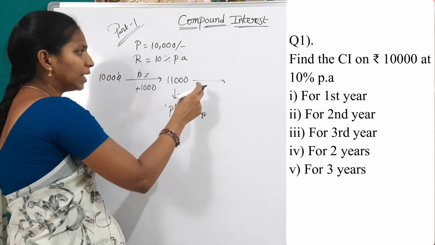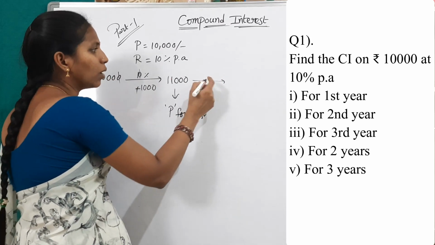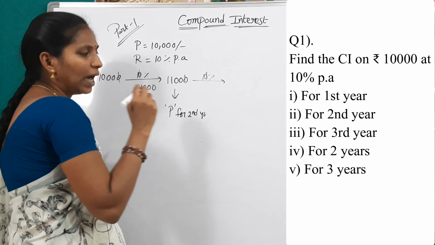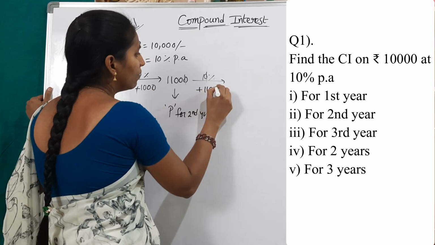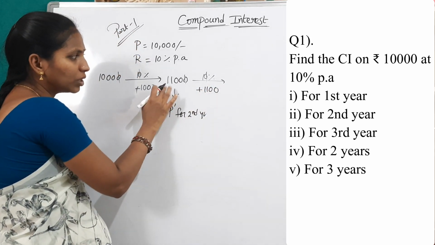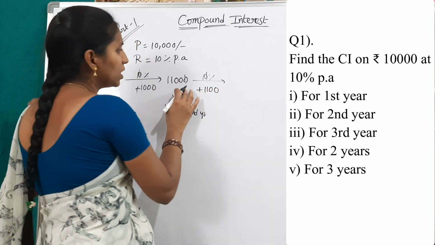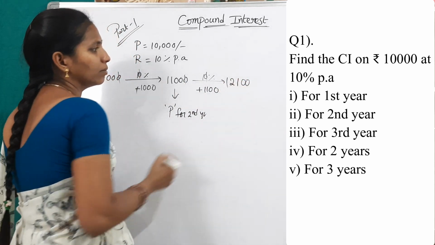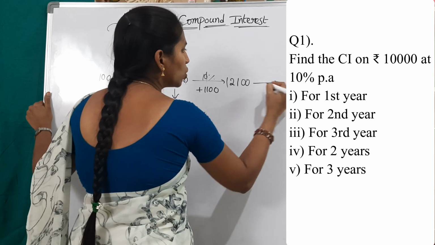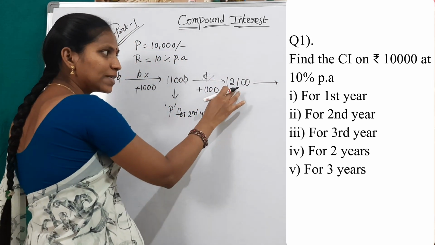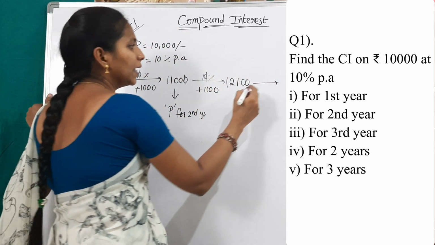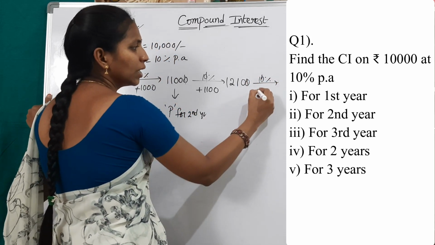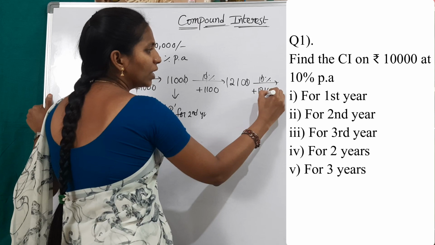Now calculate 10% on this 11,000. What is the result? 1100. Add this 1100 to this 11,000. Then what is the result? 12,100. And again 10% on this amount, because this is the principal for the third year. What is 10% on this? 1210.